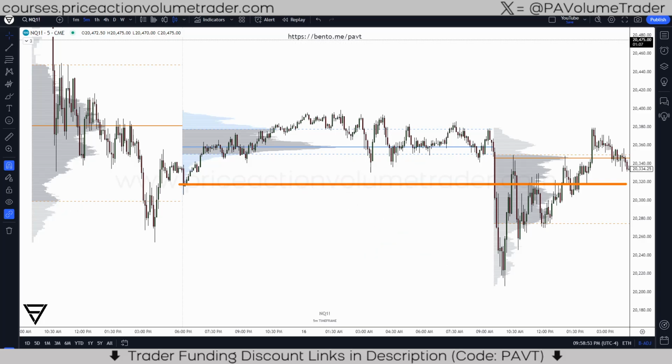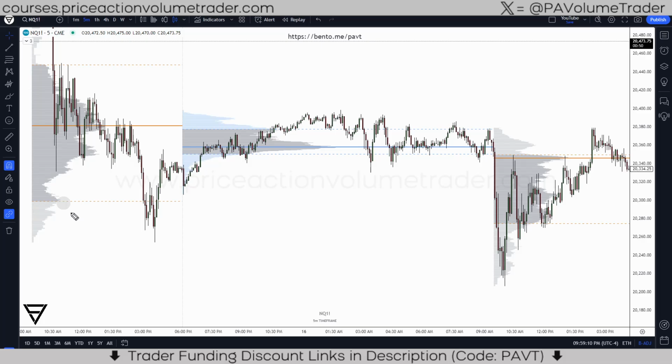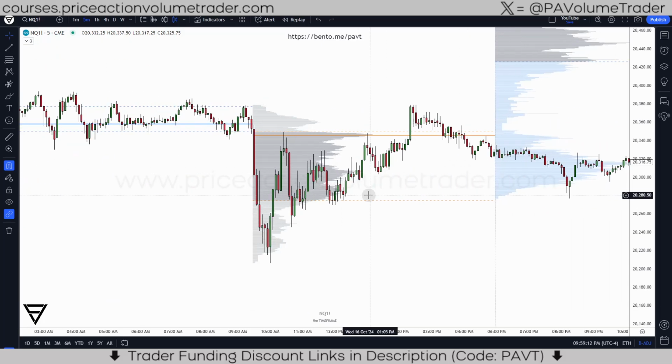So that means I need to reference the previous session from the day before in order to look for levels of support and resistance, potentially using the high volume nodes there.